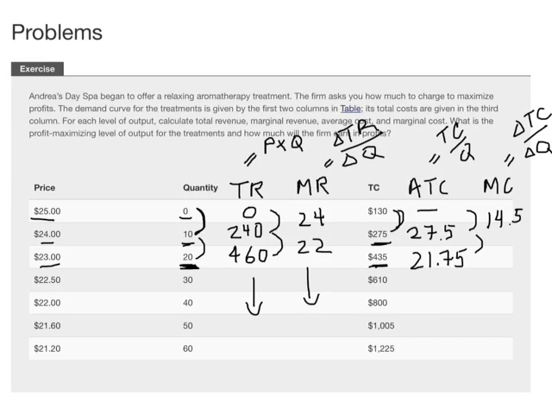And then as we move from output 10 to output 20, again, let's see, 275 to 435. That's a $160 jump if I'm doing my math correctly. I think that is correct. And then output's jumping by 10, so 160 divided by 10, we get 16, and so on. We could calculate these on down.